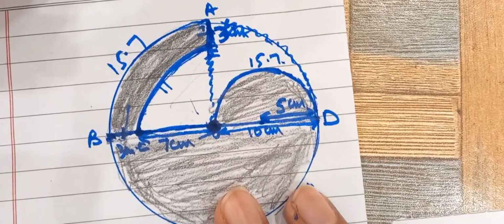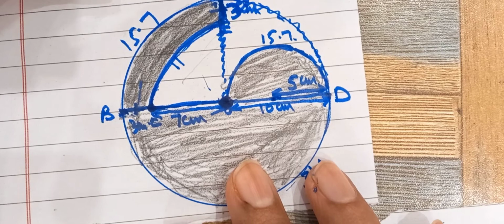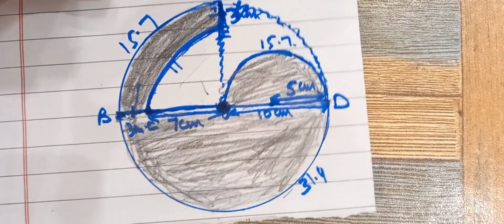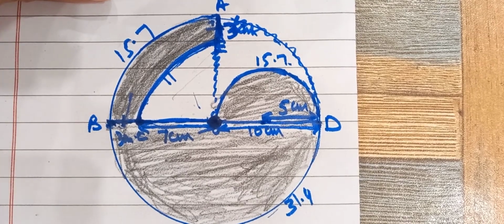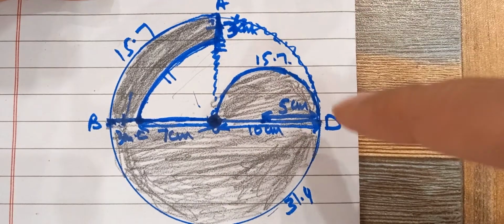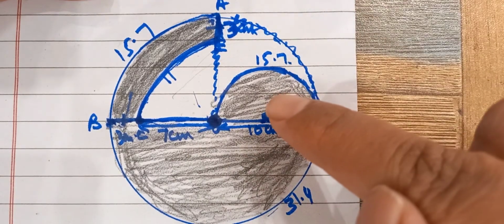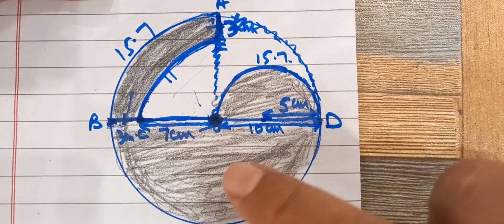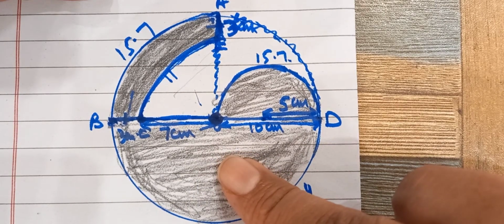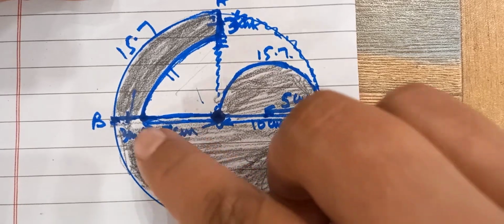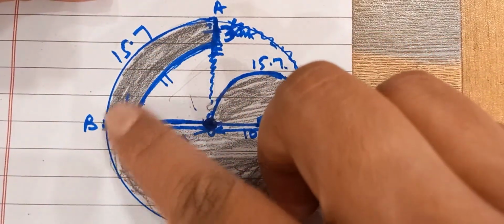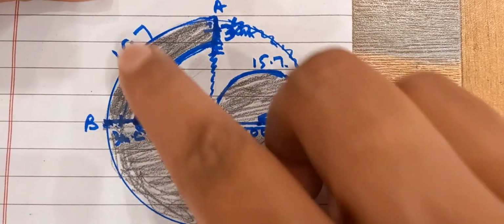Now we have to find the area of this shape as well. Now I will break this shape into known shapes. So this shape is a combination of a small semicircle plus a big semicircle, then the area confined in these two arcs.